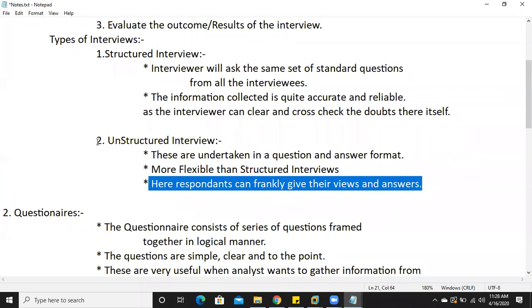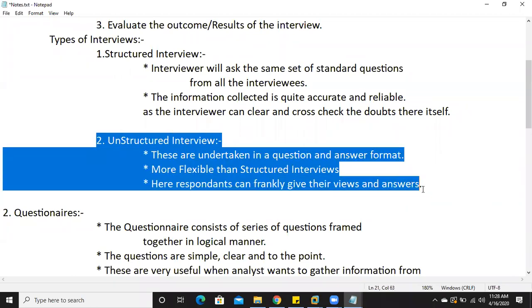So this type of interview is basically taken in order to know the actual, or you can say the real view.